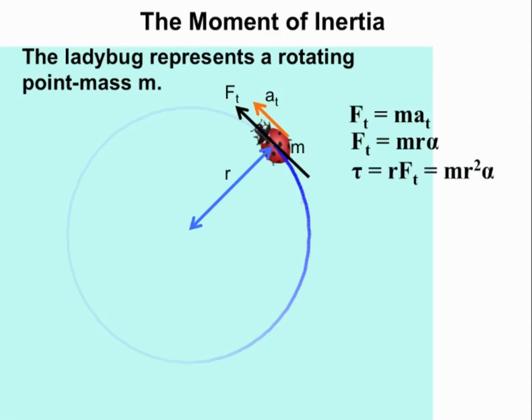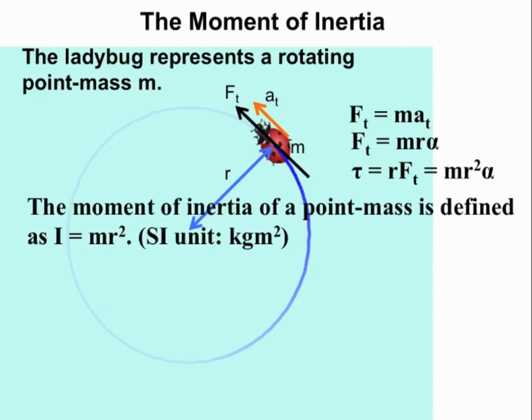And we also know from the last section that torque equals r Ft, r the distance from the center to the outside. That's torque by definition. So torque equals r Ft, and that simply equals m r squared alpha. All we did there is we replaced the Ft with m r alpha, and so r times m r alpha is just m r squared alpha. Okay, so these three steps add up logically. We have torque equals m r squared alpha.